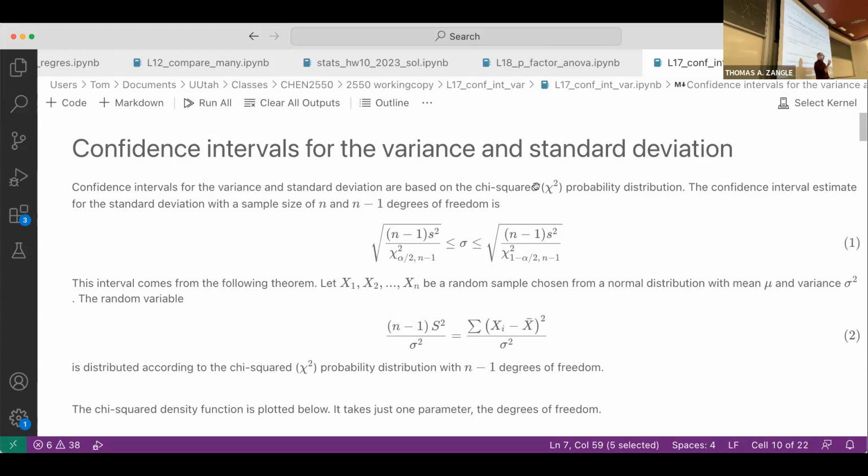There can be times when maybe the mean is also important, but you want to answer questions about the standard deviation or the variance within the data set. And just as we had a set of methods in statistics to address questions about the mean, we have a set of methods that we can use to address questions about the standard deviation or the variance within the data set as well.